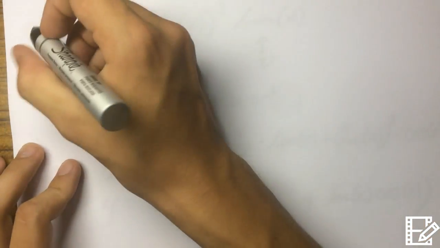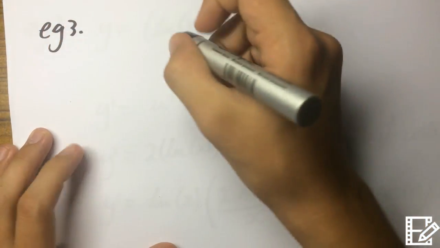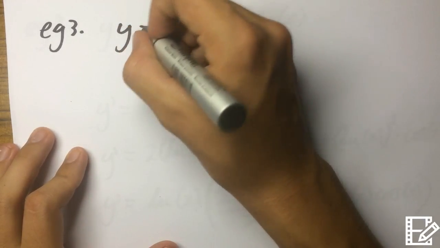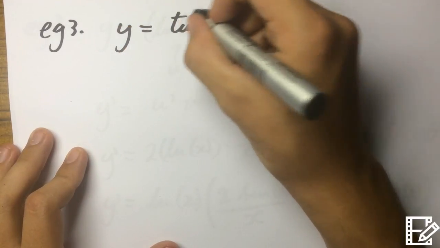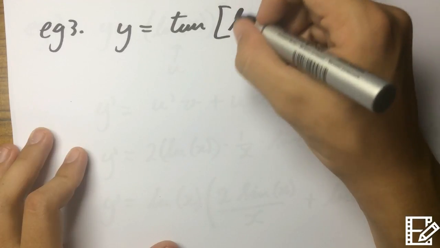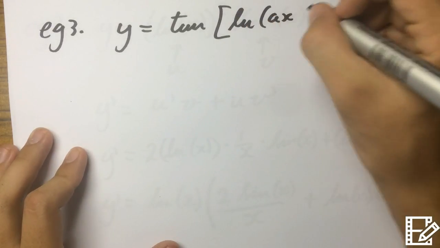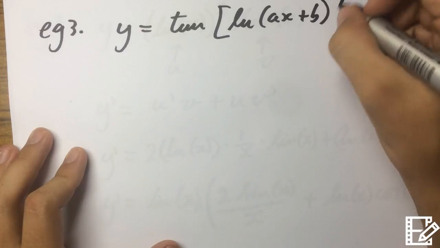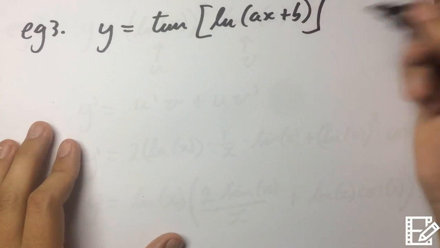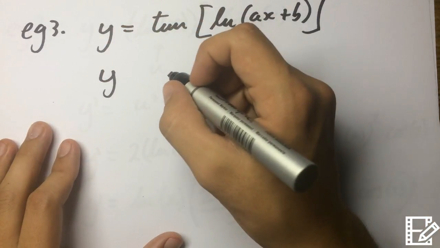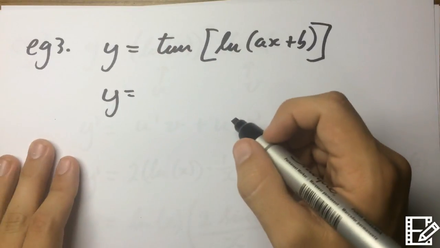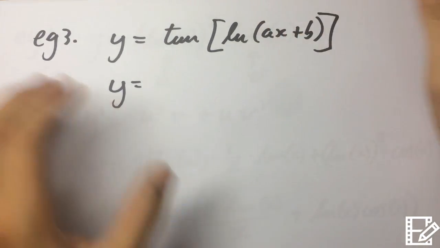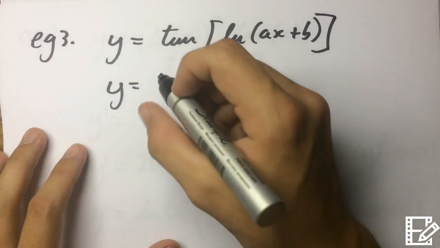Now for our third and final example, we have y equals tan of ln of (ax plus b). Okay, this one is pretty basic. I just wanted to try and show you that working with letters is nothing.